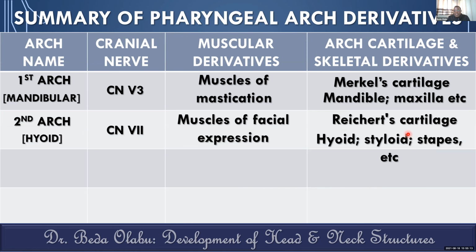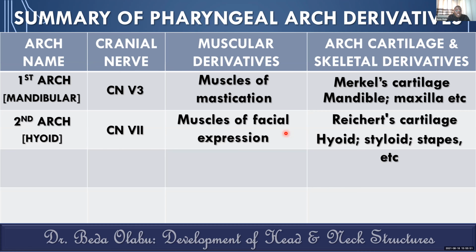Now, the artery that was supplying this particular arch, which we now want to call the second aortic arch artery, disappears for a large part of it. And then some small segments remain, persist in you and me. And these small segments contribute to what we now have as the ascending pharyngeal artery, as well as the stapedial artery.